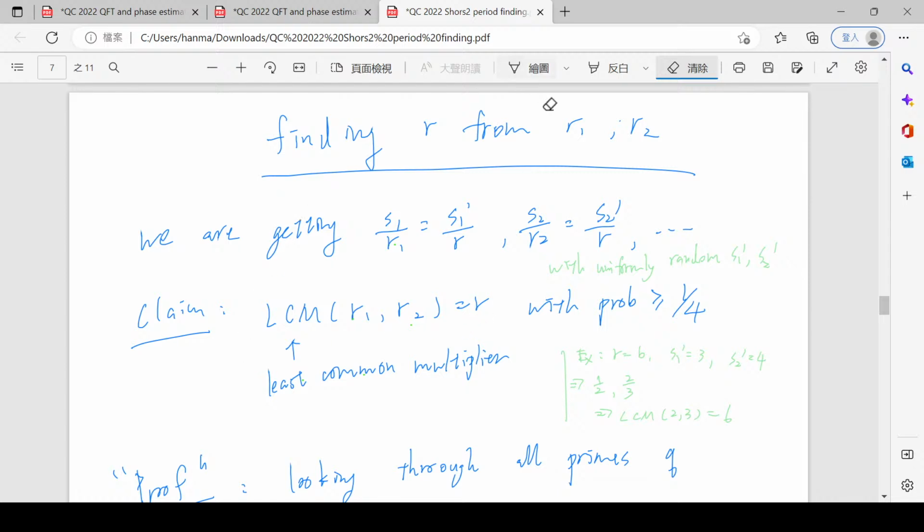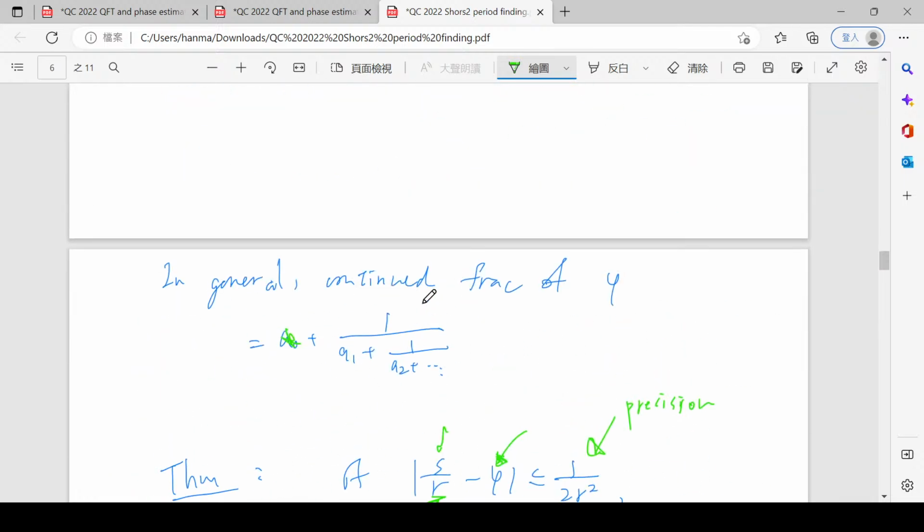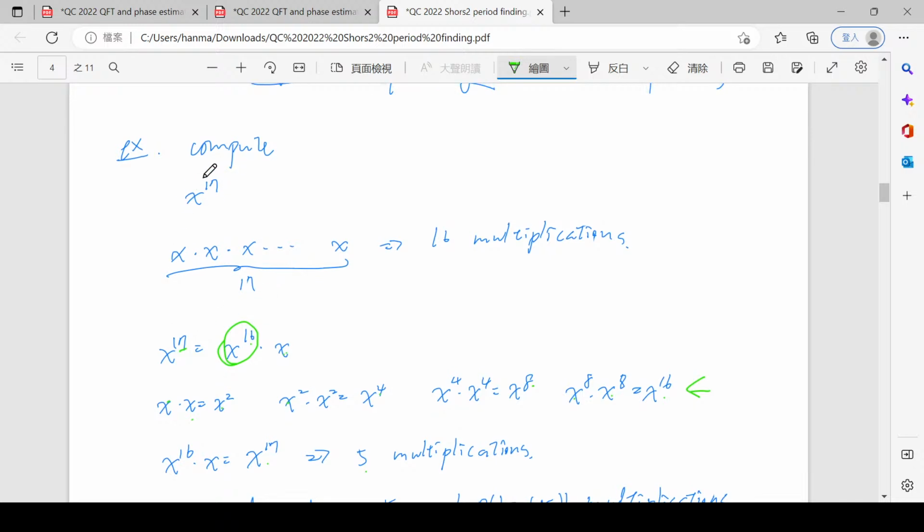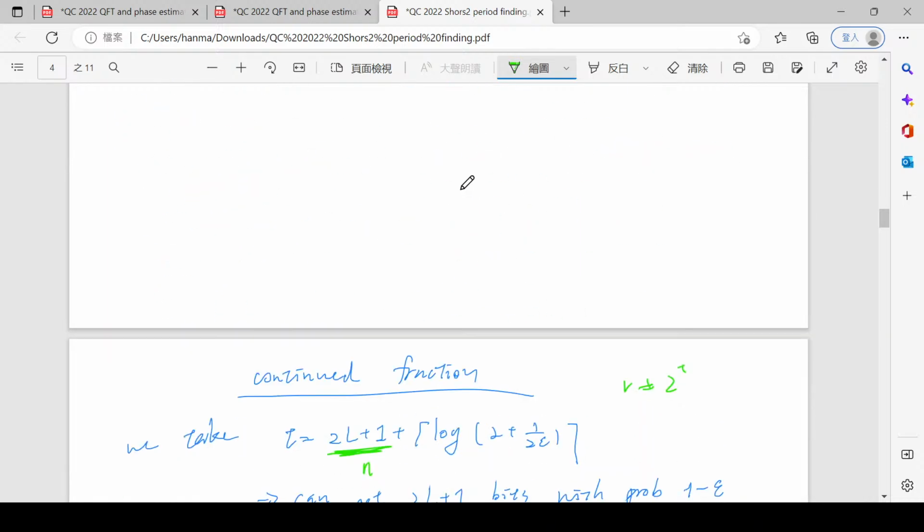And so we just keep doing this, and you'll get a correct answer at some point. Okay, and we can check the answer is correct very easily. Remember, we have repeated squaring. So whenever we see R, we can just calculate x to the R very efficiently and check that it is equal to 1.